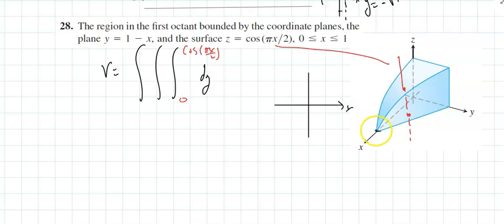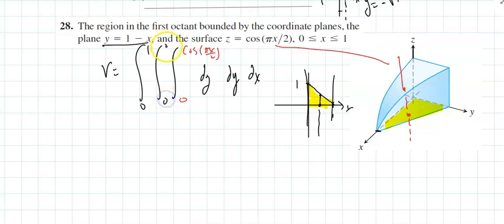I see x at 1 and this by 1, and we're talking about this floor region right there. Right? They're both positive, correct. And that is y equal 1 minus x. Well, can't I say that x run from 0 to 1? And y would run from 0 to 1 minus x.